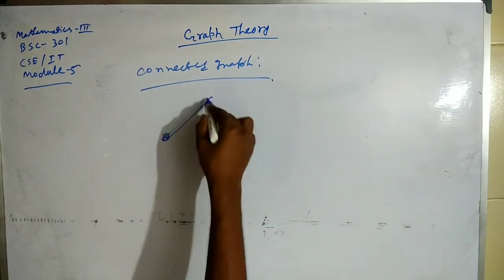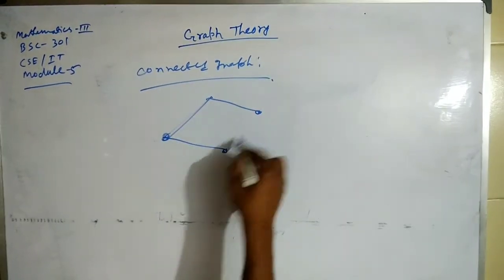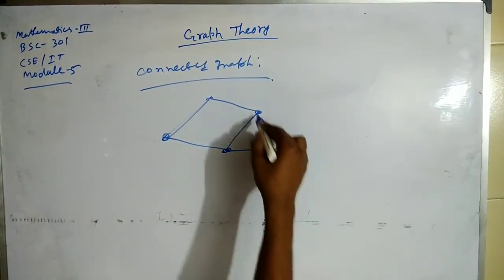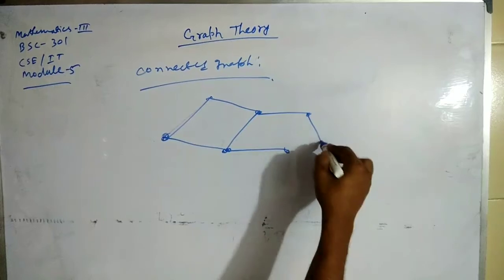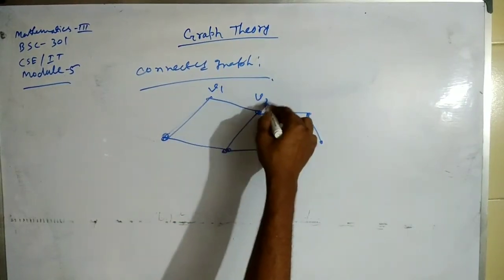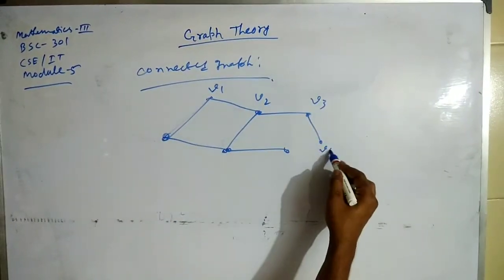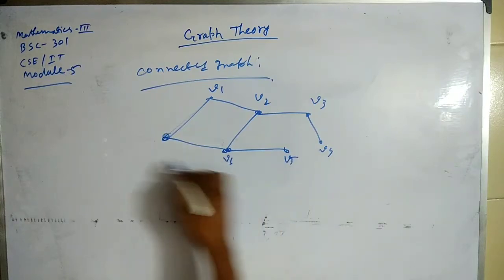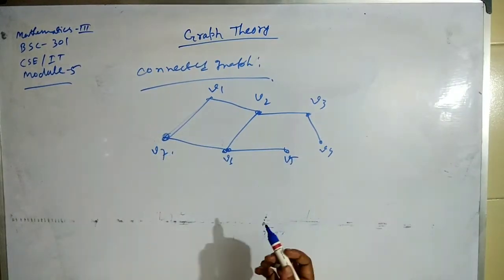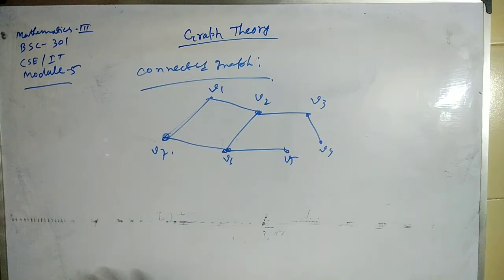In the previous examples I have already told you that there may be more than one path between two vertices, v1, v2, v3, v4, v5, v6, v7. See that if you want to go from any vertex to any vertex in this graph, you can find a path.